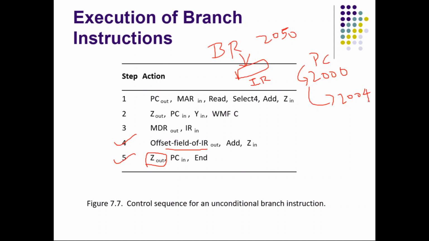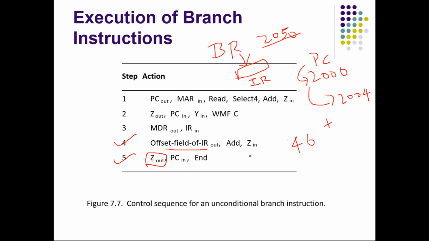Now how do we get the target address? You have to subtract the current value of PC, 2004, from the target address 2050. If you subtract, what you get is 46, and 46 should be added to the current PC, so you will get 2050.